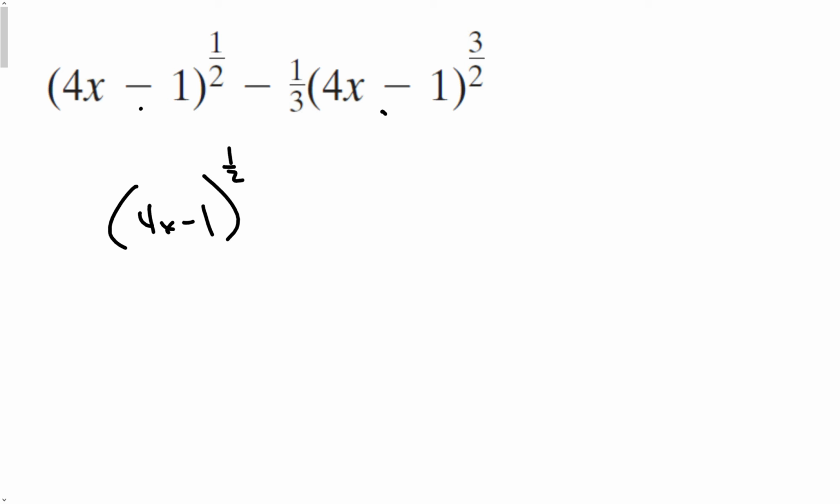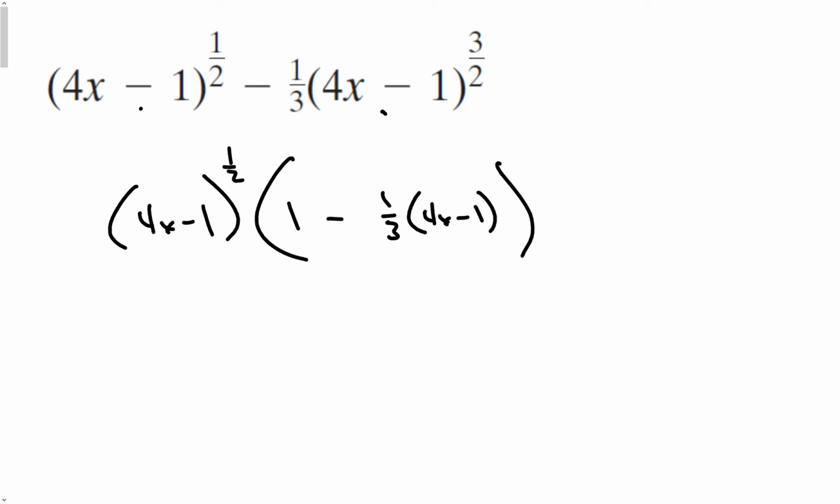That's that one. What's left is a 1. I factored the whole thing out, minus a third times this degree minus what I took out. 3 over 2 minus 1/2 is 1.